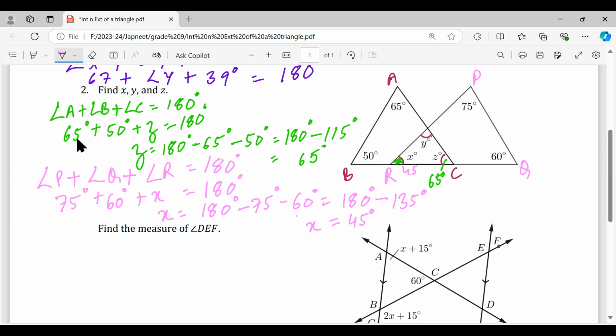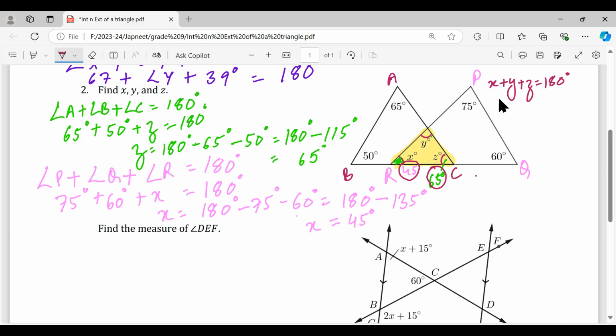Okay, now if you observe it carefully, you can see here another triangle is formed. And in this triangle, we know two angles. One is 45 degrees and one is 65 degrees. So we can find this third angle also. So x plus y plus z gives you 180 degrees.